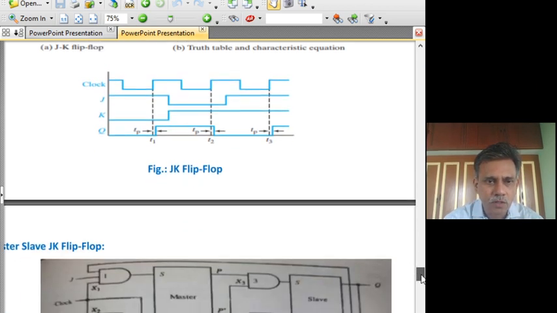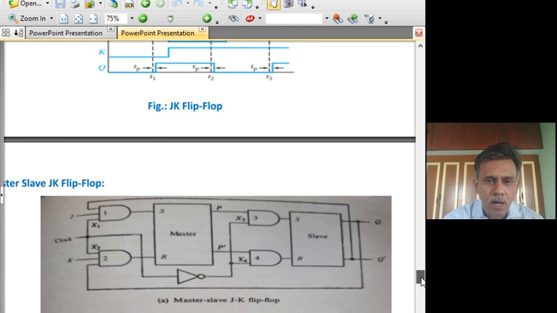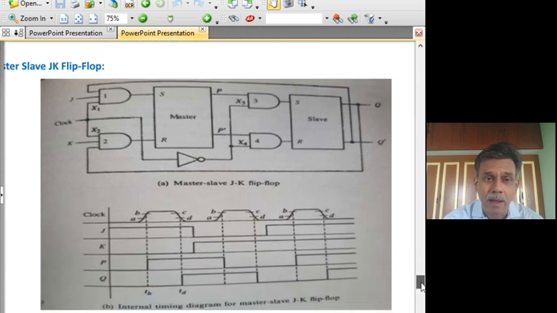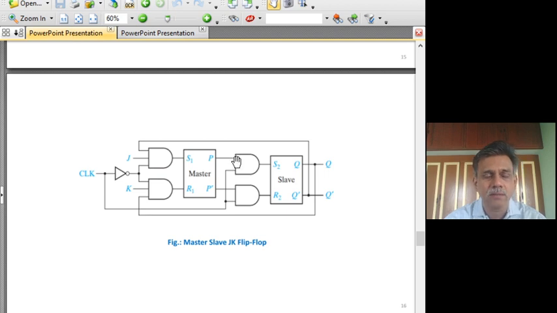Now let's look at how we can construct a master-slave JK flip-flop without first constructing an edge-triggered D flip-flop. The neater diagram for that is given here.